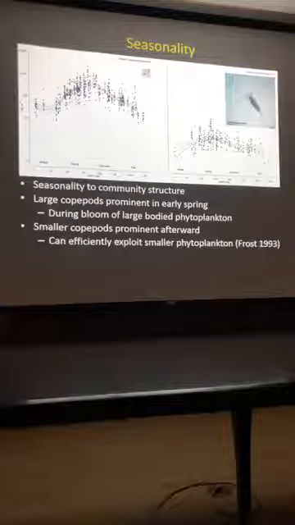So once those large phytoplankton have taken up all the nutrients in the springtime, that allows for smaller phytoplankton to start taking over, which means that the smaller copepods get to have their day. And that's why they're peaking later in the spring and the early summer than the large copepods are. This is also when a lot of the exciting things are going on during the spring, like the herring spawning and a bunch of other fun spring events.